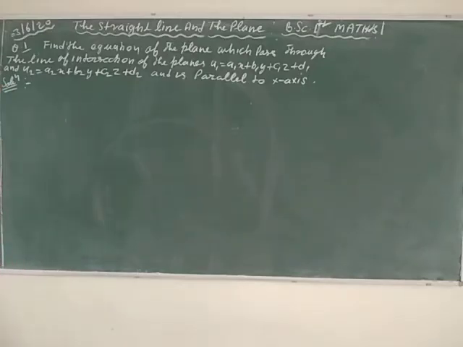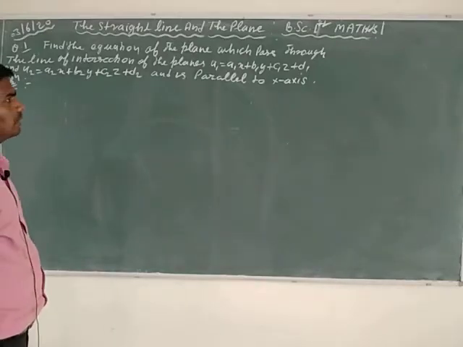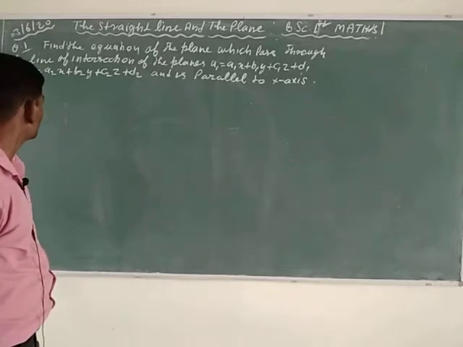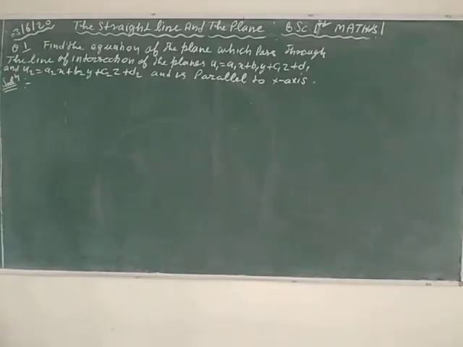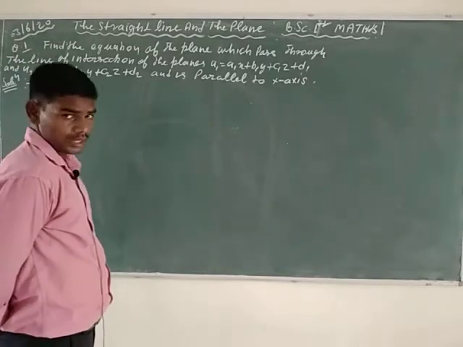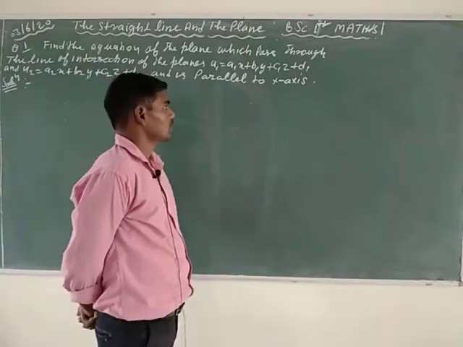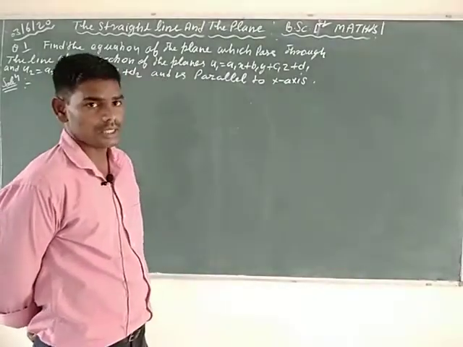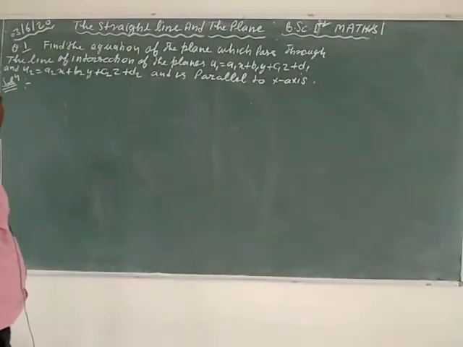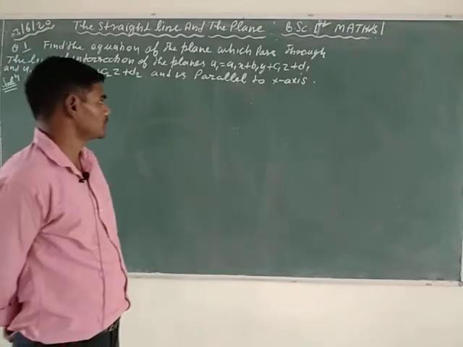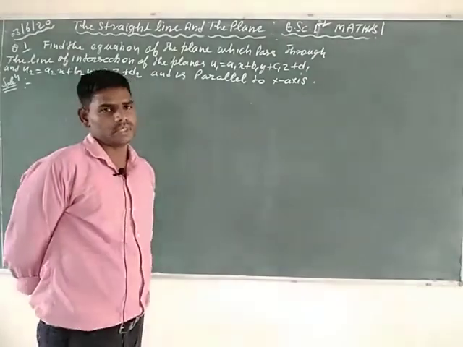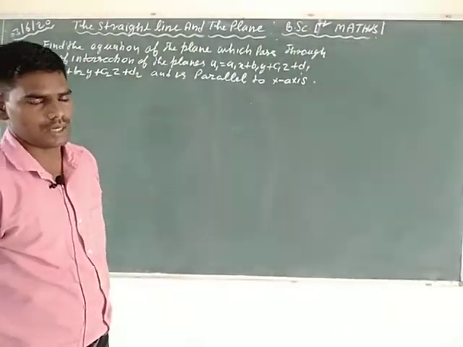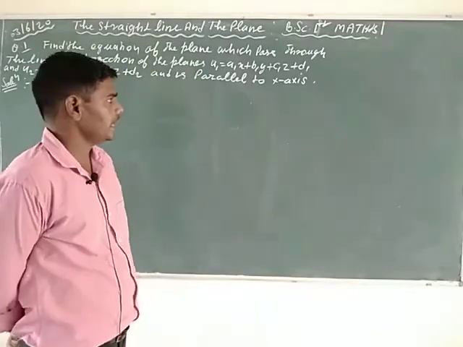The first question is: find the equation of the plane which passes through the line of intersection of the planes u1 = a1x + b1y + c1z + d1 and u2 = a2x + b2y + c2z + d2, which is the straight line through which our required plane passes.